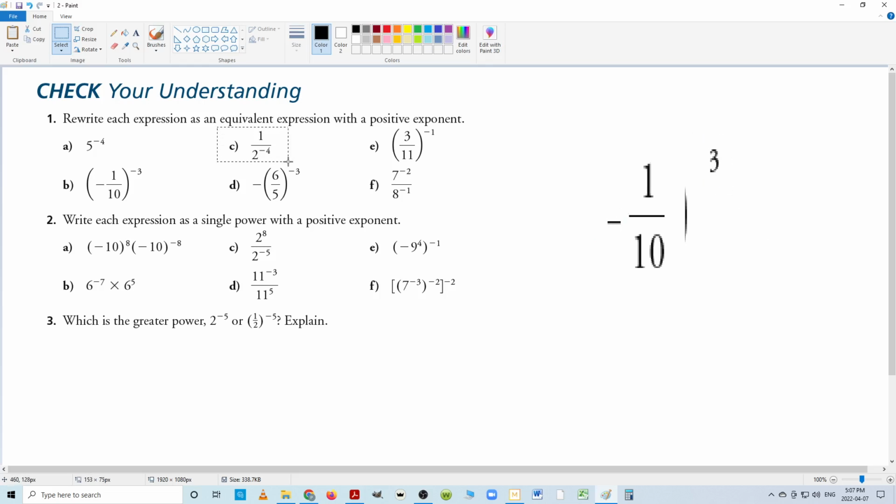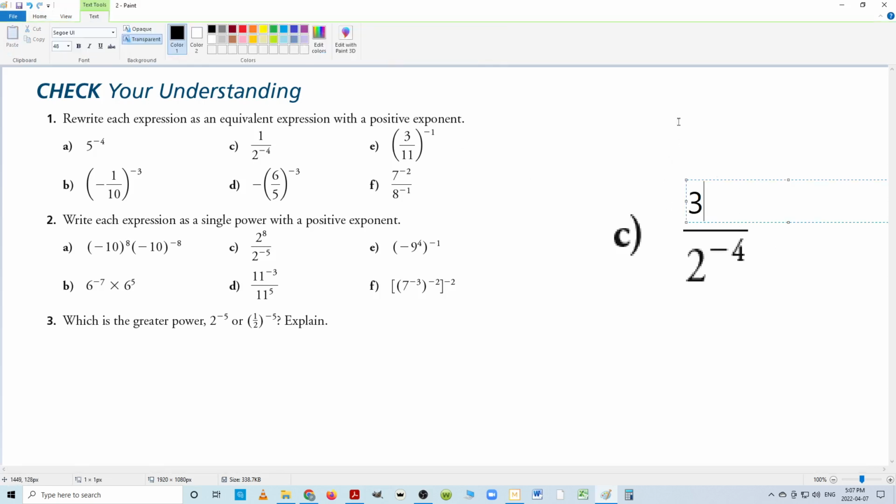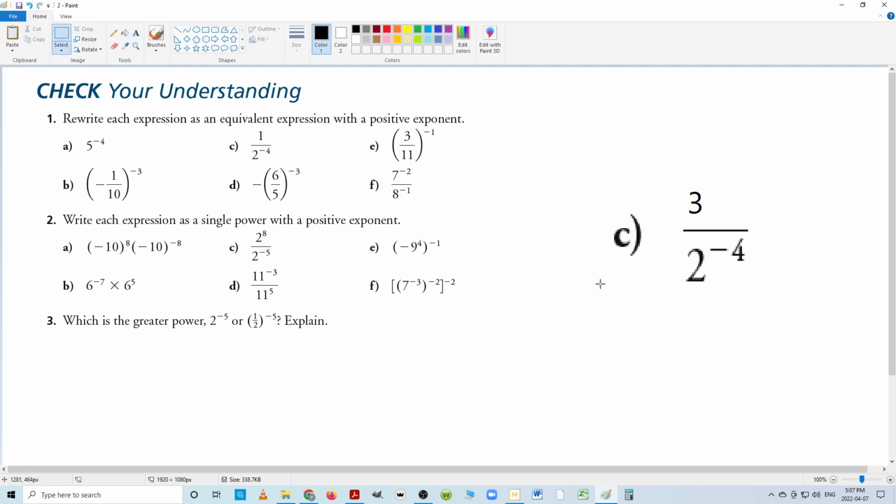So this one, you can see the number is in the denominator, like that. So all that it means is this now goes to the numerator and becomes a 4. Now, had there been something like a 2 up here instead of a 1, let's say a 3, then since the 3 was being divided by the 2, the 3 is now multiplying the 2, which is to the positive 4.